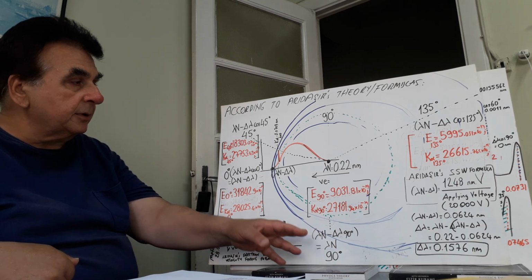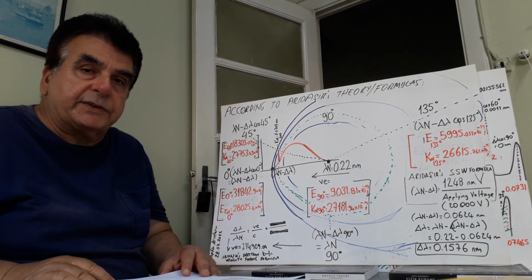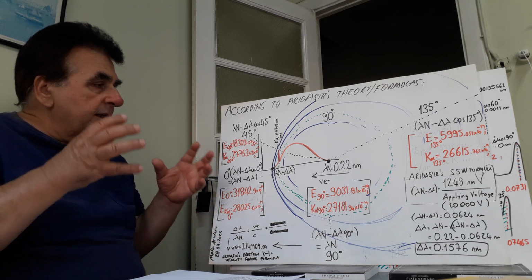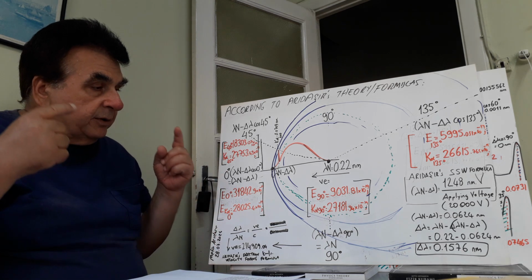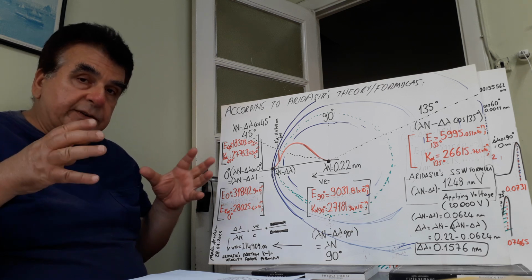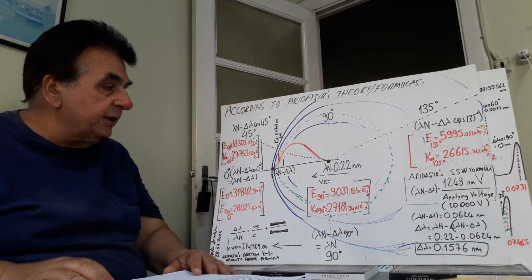Because the Compton shift is synthesized, it is changing. What is the reason for this changing, the peak wavelength changing?